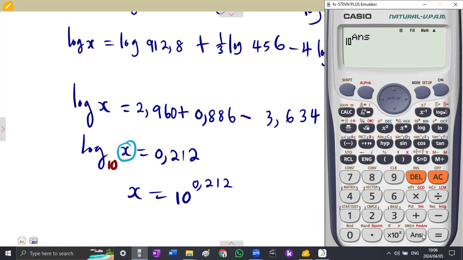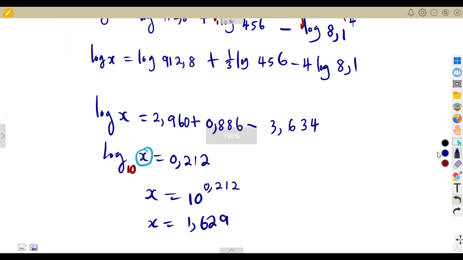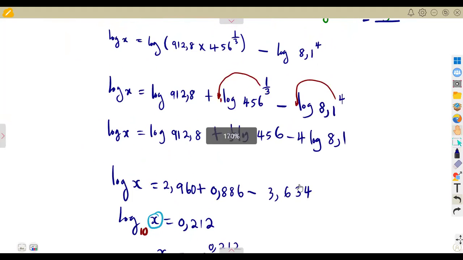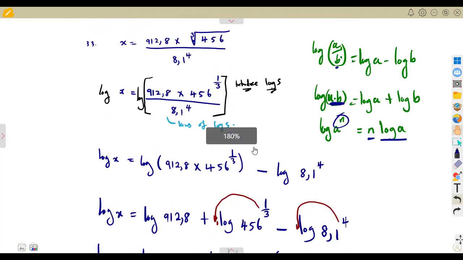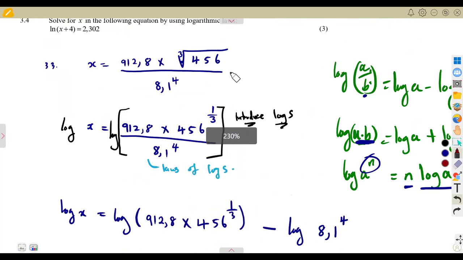This is exactly what we have here. So that is going to be 1.629. So this is the value of x that you're going to have. So x was going to be 1.629. So it's actually an approximated value. If you use your calculator to simplify this, you get the exact answer.